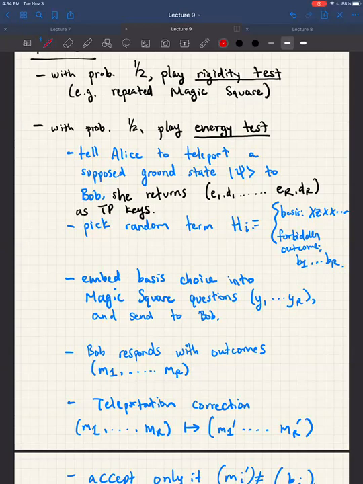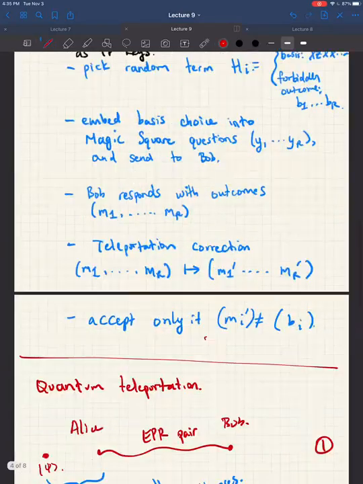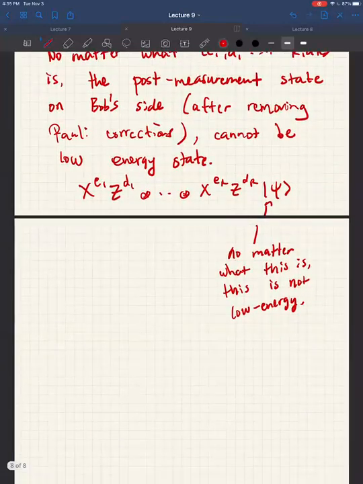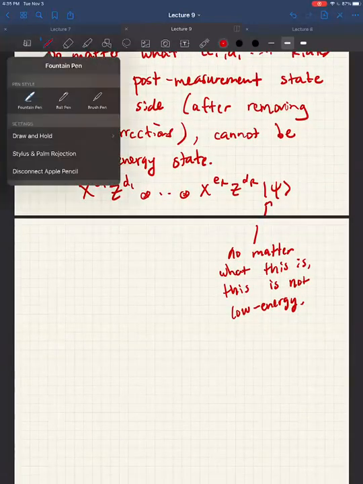Alice can do anything she wants, but we would only be convinced of a yes case if there was indeed a low energy ground state. And so this gives us a classical verification protocol for quantum computations.